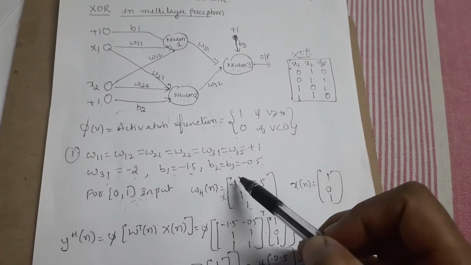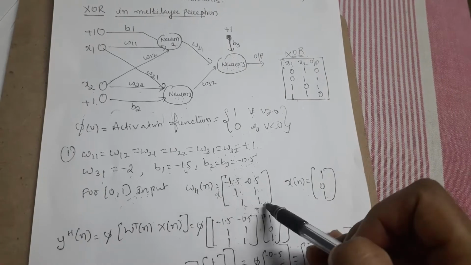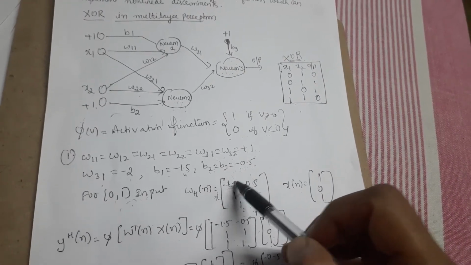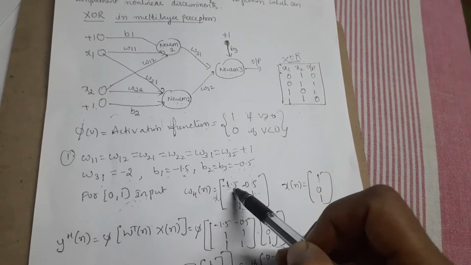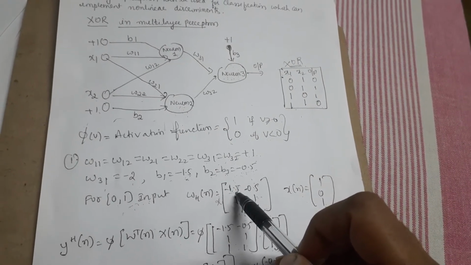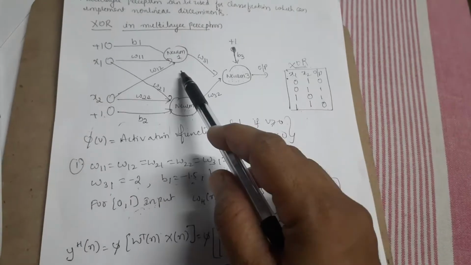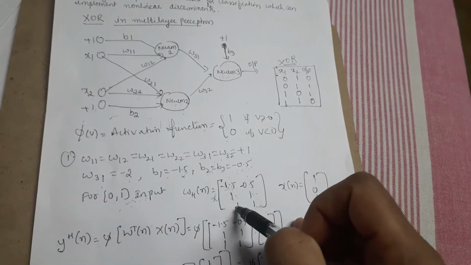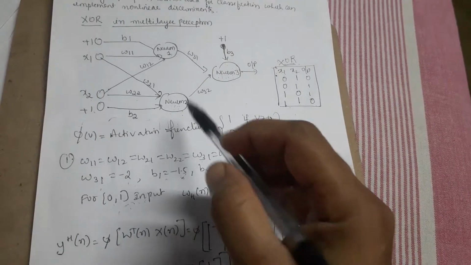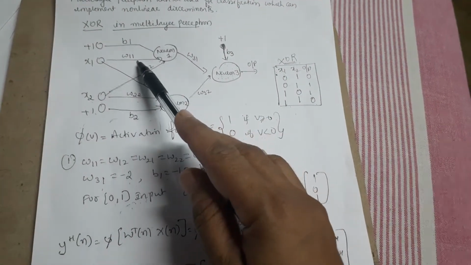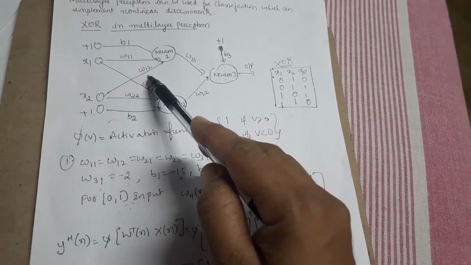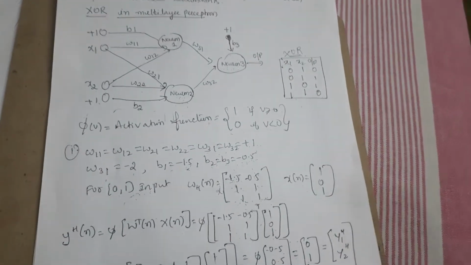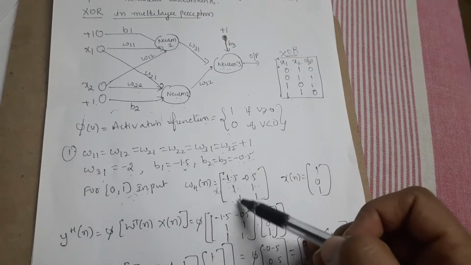So these are the weights. This is for neuron 1 and this is for neuron 2. For neuron 1, always remember, the bias will come first and then the inputs. The bias weight for neuron 1 is minus 1.5, and the weights for x1 and x2, W11 and W12, are plus 1 and plus 1.